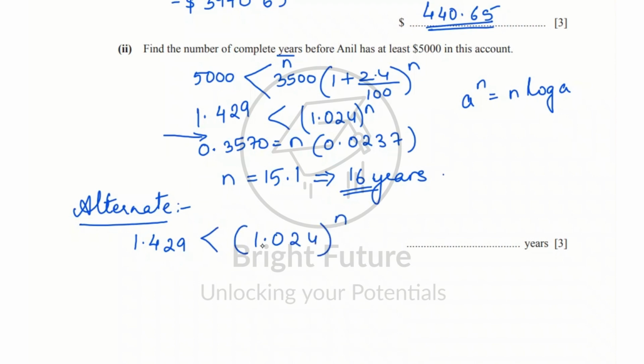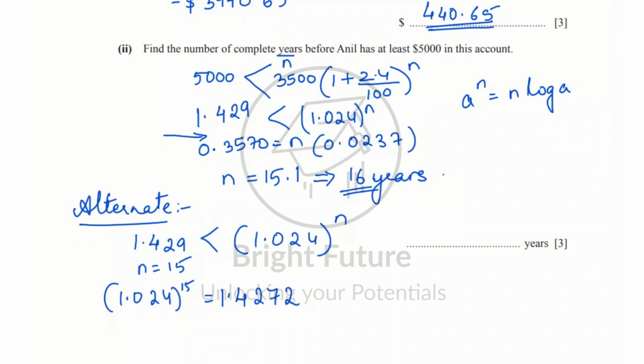So if I take the value of n as 15, then 1.024 raised to 15 gives me 1.4272. So this value is less than 1.429.